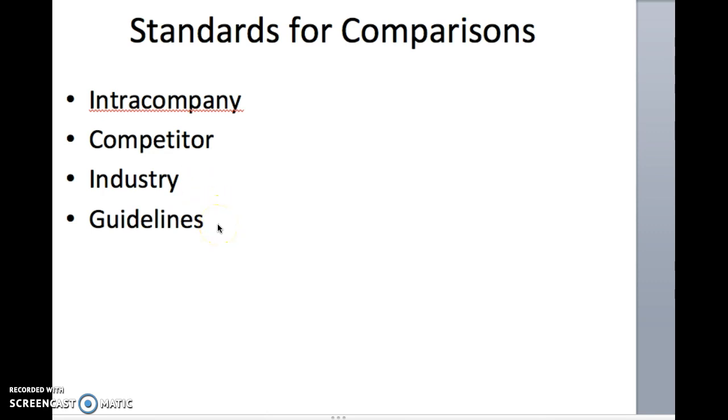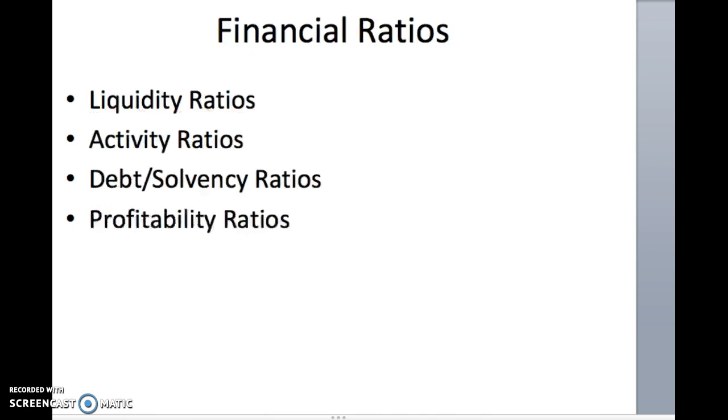Or sometimes you can compare your financials to guidelines. Let's say the demand for rice would be a certain amount, and you can double check with your numbers. Am I performing at par, or am I doing worse?